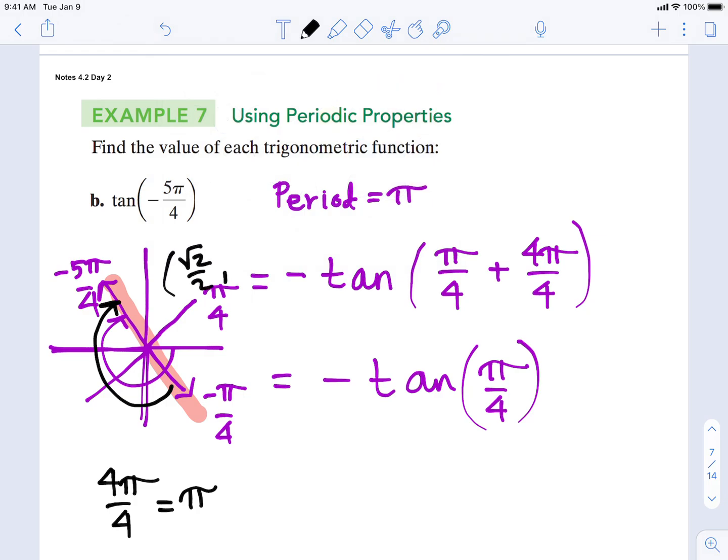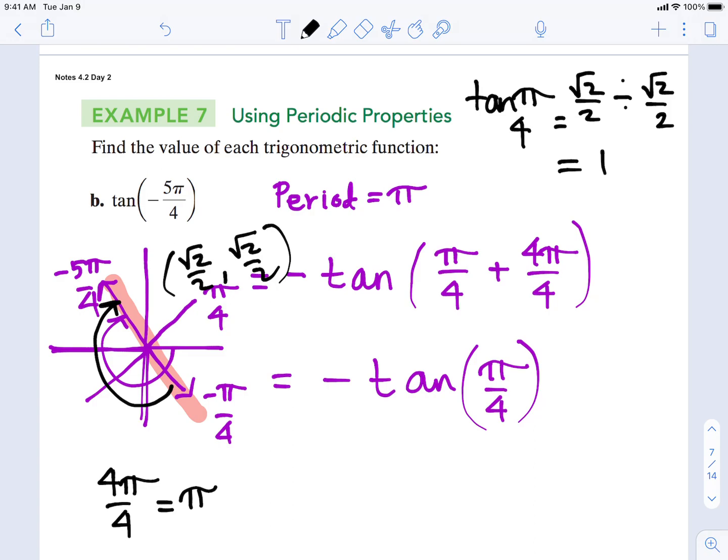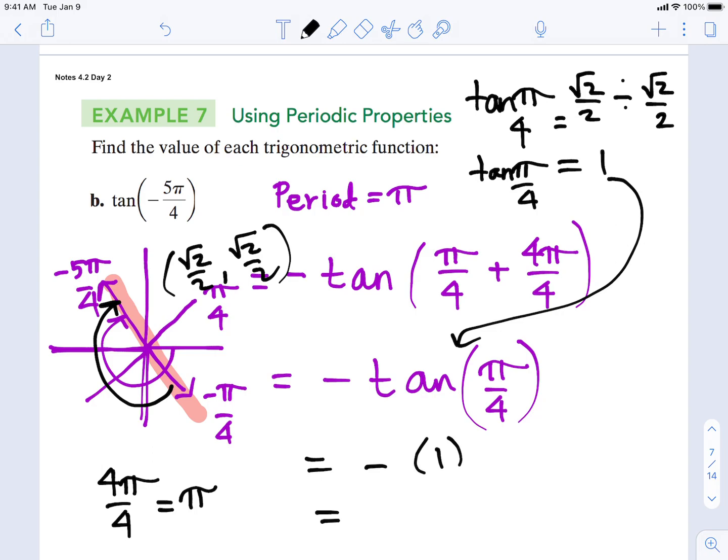This is the square root of 2 over 2, comma the square root of 2 over 2. So to find the tangent, we're going to use the quotient identity. We're going to take the sine over the cosine, which is 1. So the tangent of pi over 4 exactly is 1. So we're going to substitute that right into here. So negative 1 is the answer to the tangent of negative 5 pi over 4.